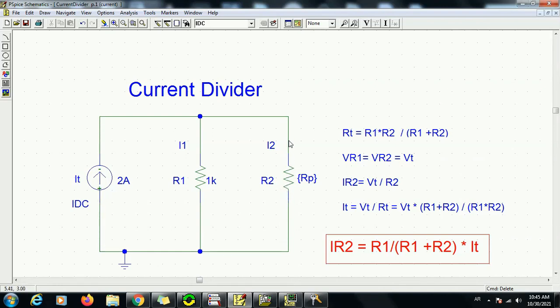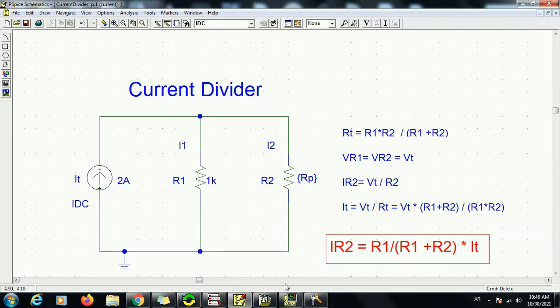So if this is a short circuit, all the current will go through R2, which is 0, and nothing will go to the R1 branch because it still has a resistance value. On the other side, if we start increasing the value of R2 from 0 to 1, 2, 3, 4, 5 kilo ohms, then we get less current passing through this branch and more current passing through the other branch.